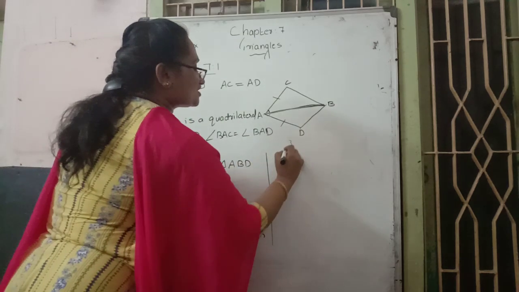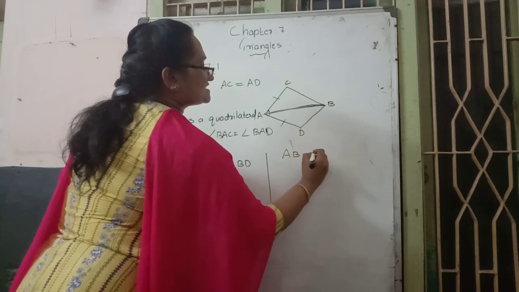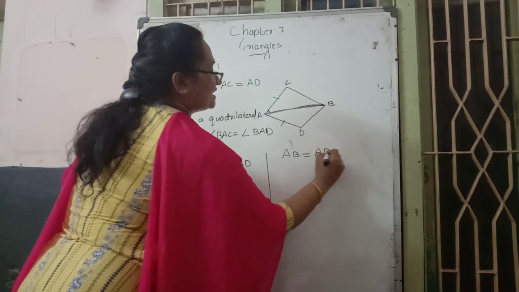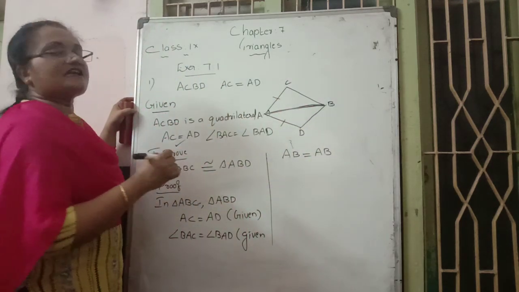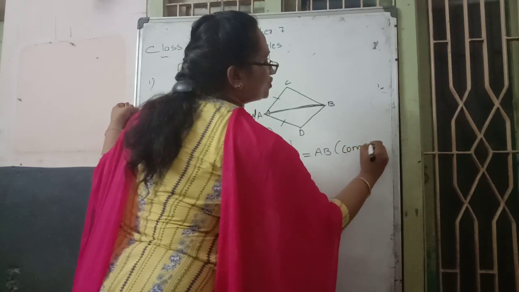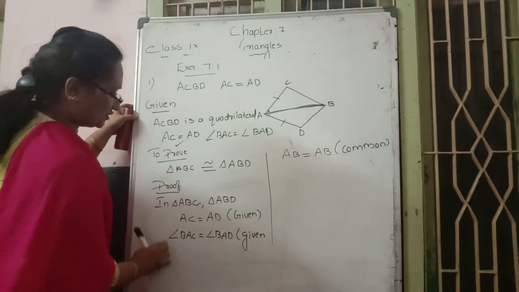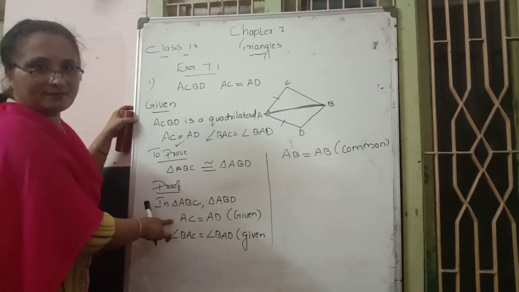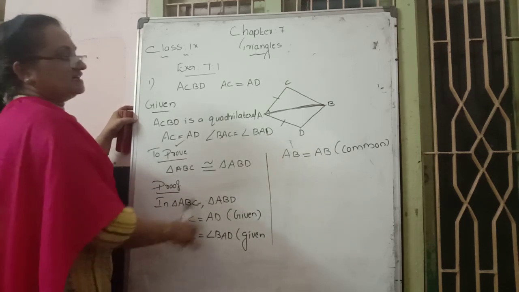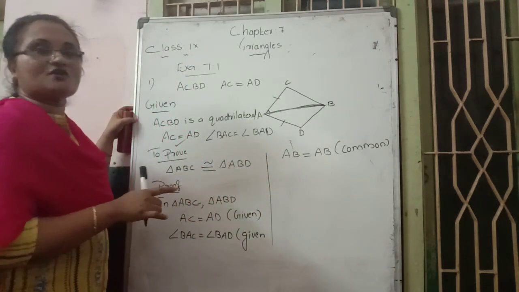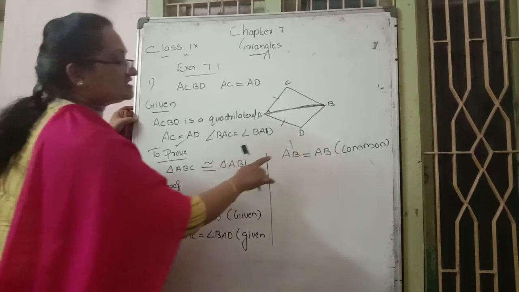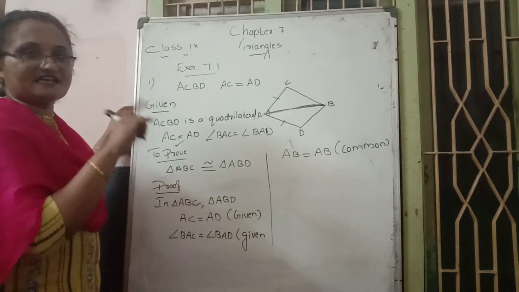So the third condition is AB equals AB, which is common for the two triangles. So we have three conditions: the first is about a side, the second about an angle, and the third about a side. So which property? Side angle side, meaning the SAS property.